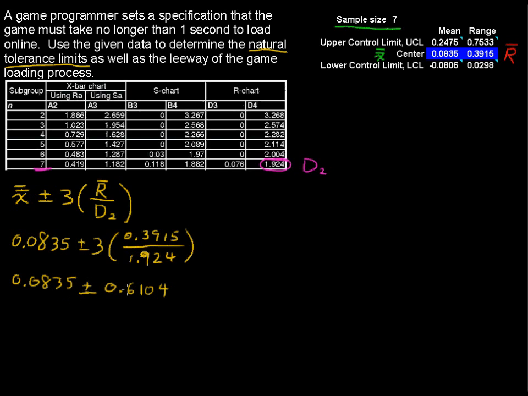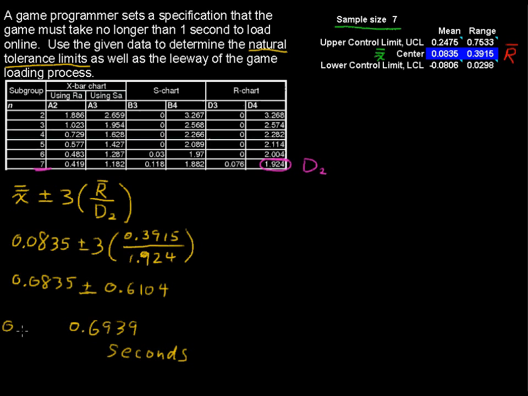So if I were to subtract the 0.6104, I'd get into a negative number, and you're not going to load a game in a negative amount of time. So this makes sense in other applications, but not in this one because we're talking about time, so we're not going to go negative. But I will add those, and so I've got an upper natural limit of 0.6939 seconds.